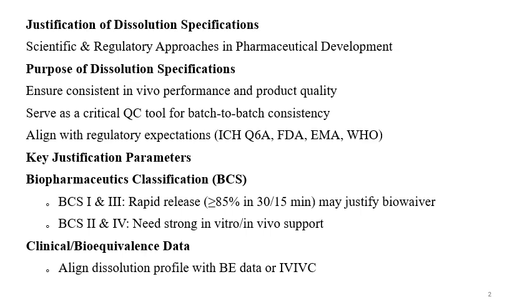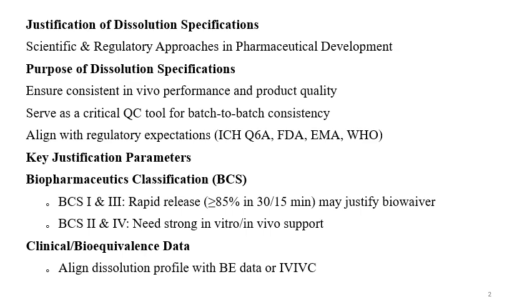The criteria is that the product should release more than 85% of the drug substance or API in 15 minutes or 30 minutes. So for BCS class 1 drugs it will be 30 minutes, and for BCS class 3 drugs it will be 15 minutes.